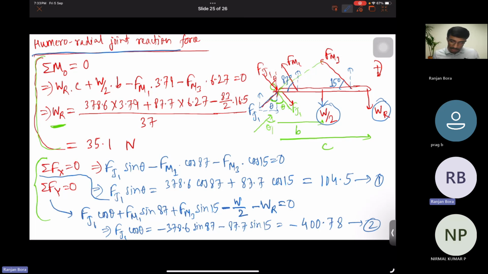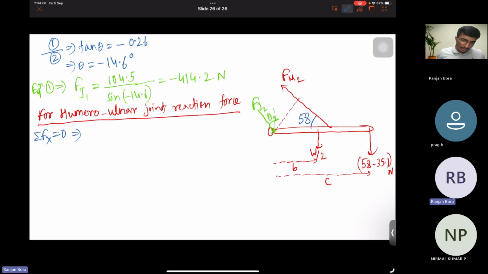If we do the calculations again, with this minus 400.78, this will be plus W/2, which is 41.5, and plus 76.6, and it will come to minus 324.18.